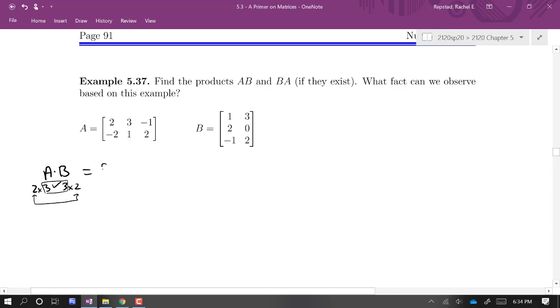So now I'm just going to write out the matrices next to each other in the appropriate order. So here's matrix A, matrix B, and we're going to get a 2 by 2.